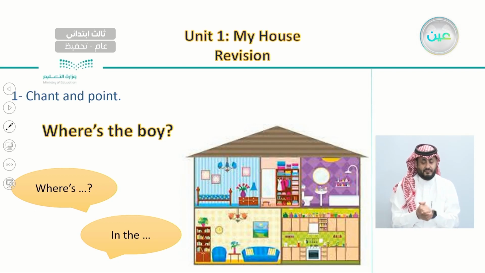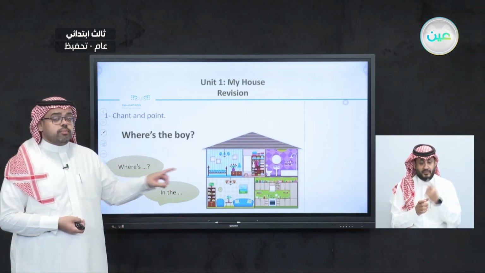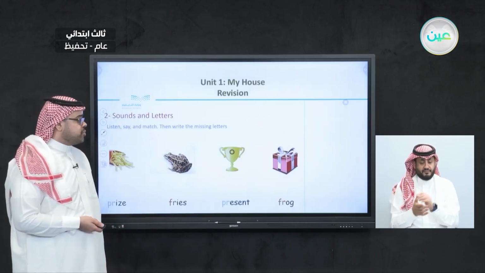For example, where is the boy? In the bedroom. Where is the boy? In the living room. Where is the boy? In the kitchen. So you can practice this with your partner and point at each of these places.